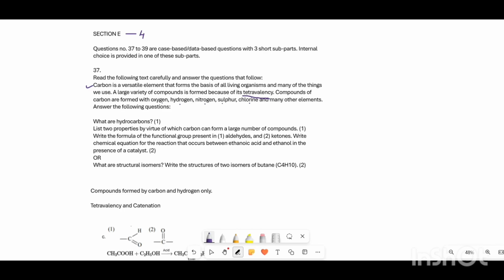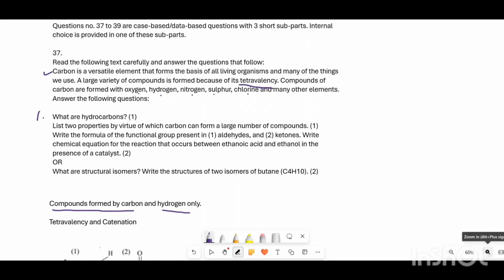So there are 2, 3 questions given. First one, what are hydrocarbons? Hydrocarbons are compounds formed by carbon and hydrogen only. It is given in the question itself, hydrocarbons contain hydrogen and carbon. Now second question, list two properties by virtue of which carbon can form a large number of compounds.